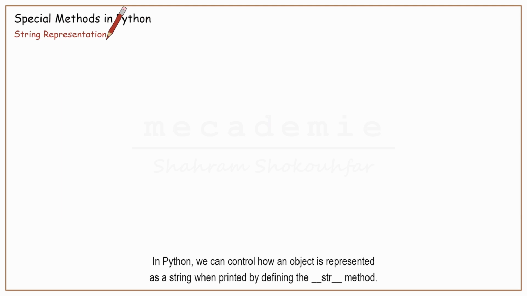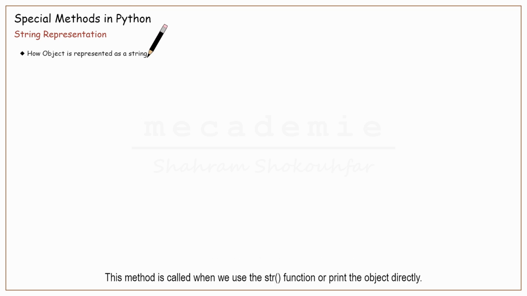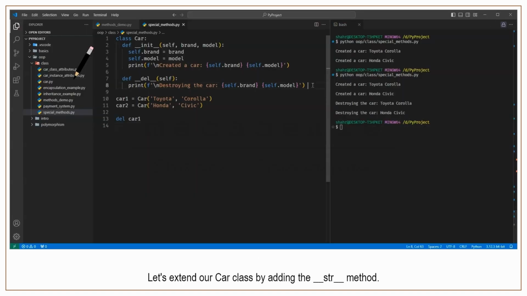Now let's talk about string representation. In Python, we can control how an object is represented as a string when printed by defining the str method. This method is called when we use the str function or print the object directly. Let's extend our car class by adding the str method.